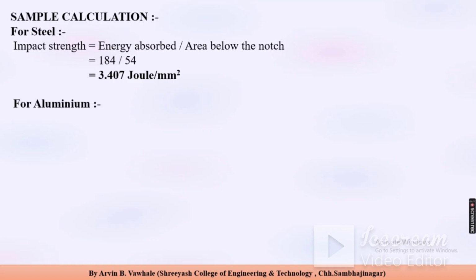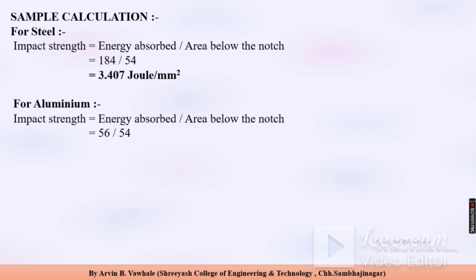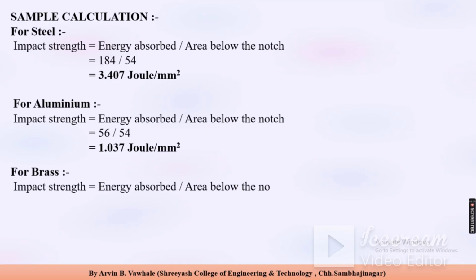For aluminium, impact strength equals energy absorbed divided by area below the notch, equal to 56 by 54, equal to 1.037 joule per square millimeter. For brass, impact strength equals energy absorbed divided by area below the notch, equal to 38 by 54, equal to 0.703 joule per square millimeter.